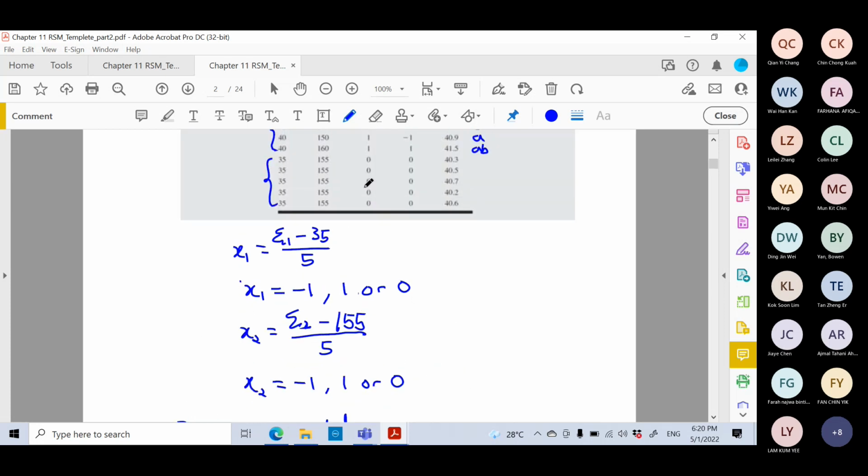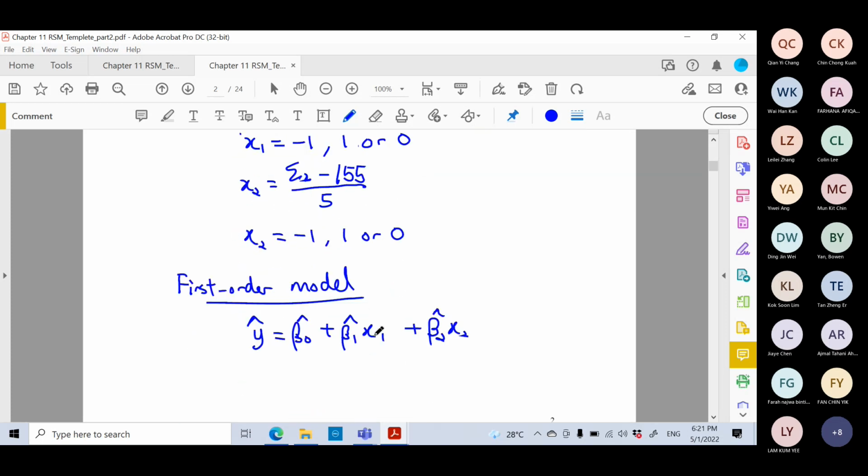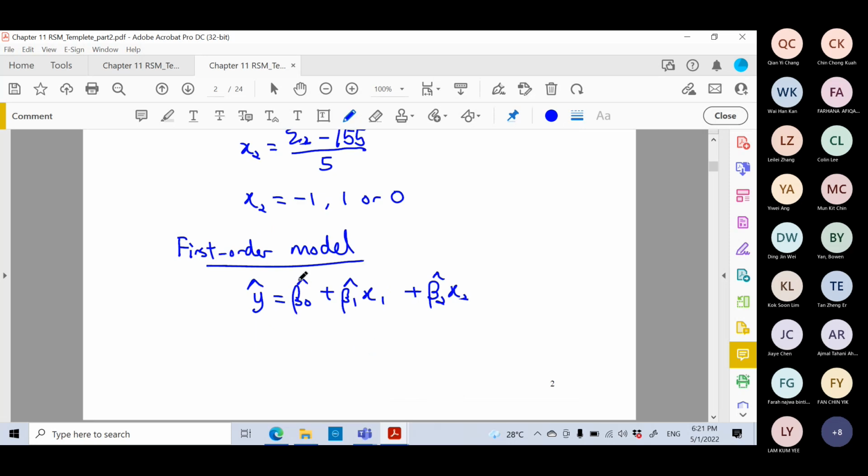If we want only the first order model, then we have only x1 and x2, the coded x1 and x2, so it is only the main effects. Then of course we need to calculate beta naught, beta 1 and beta 2. The beta naught hat will be equal to the mean, so you calculate the average value from all the observations.